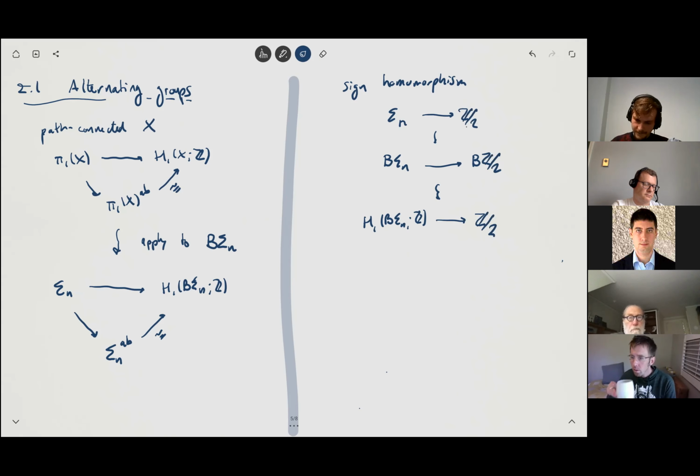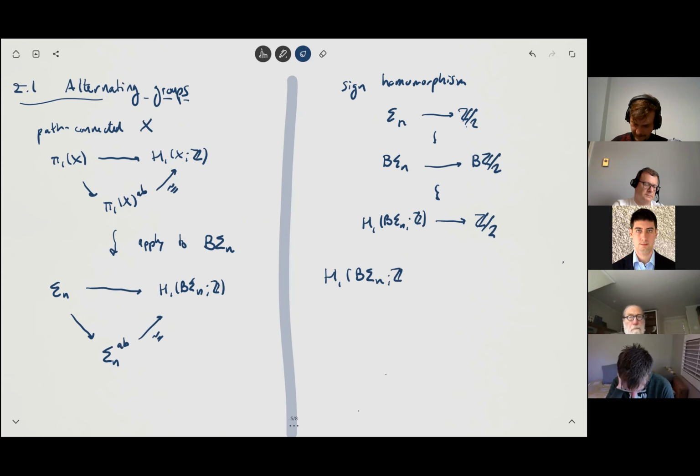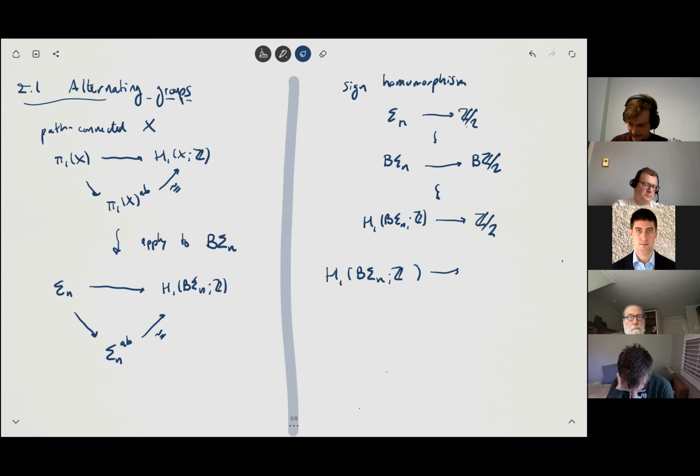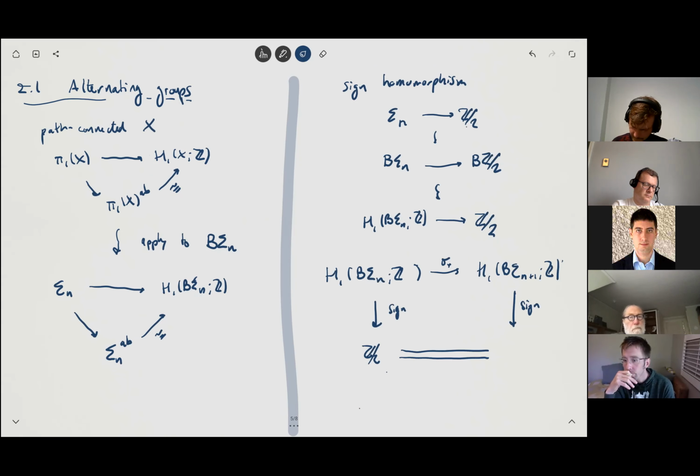So we have a map like this, and it's not so hard to check that it's compatible with stabilization, just because the sign homomorphism is. So you get a commutative diagram as follows. Okay.